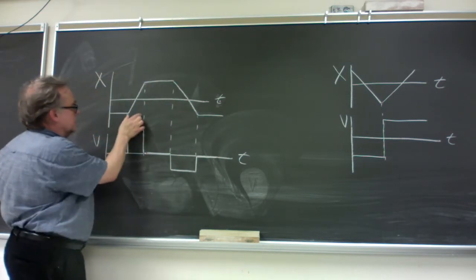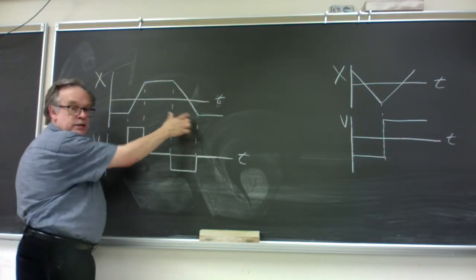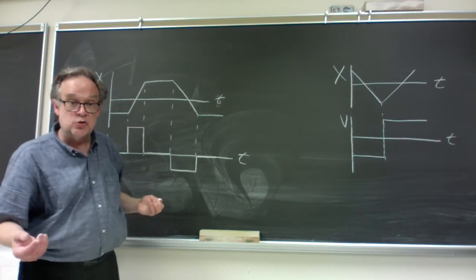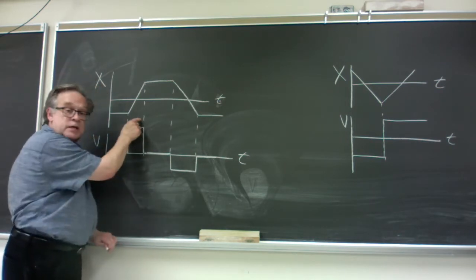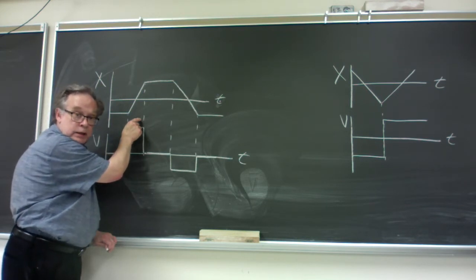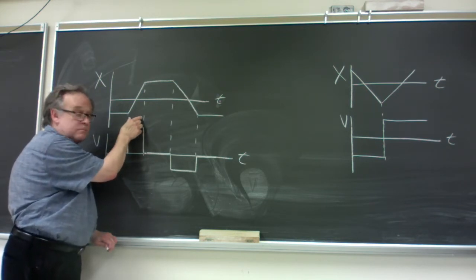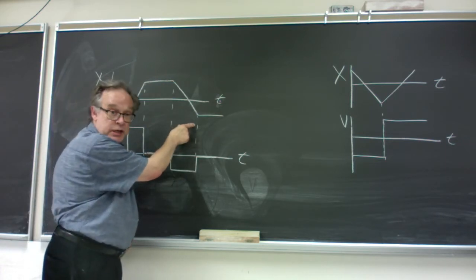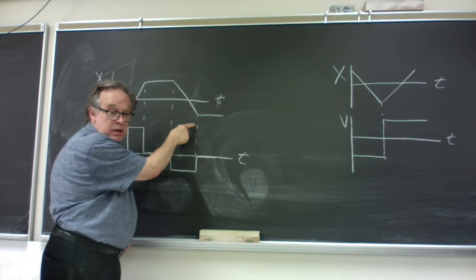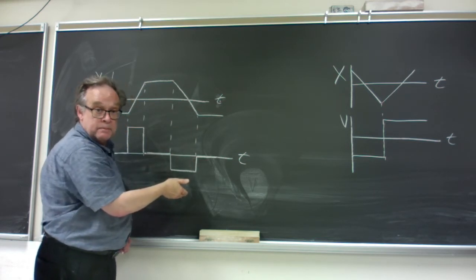But in this time interval and in this time interval, the same distance is traveled, but in this case, the object moves through that distance more quickly, in less time. Here, it takes more time to travel that same distance, meaning it's slower.